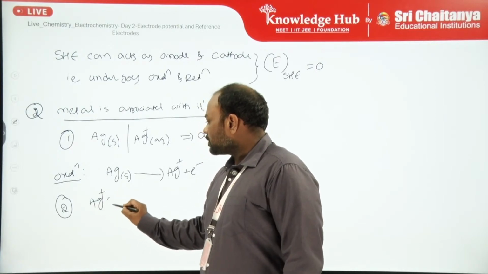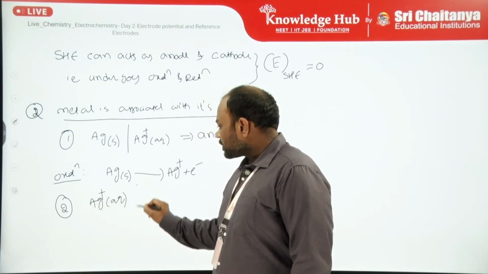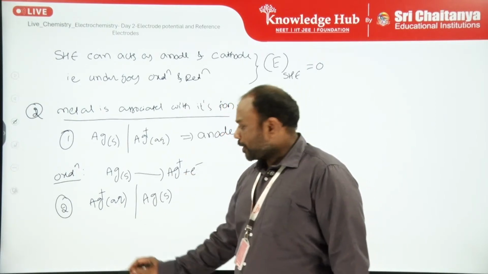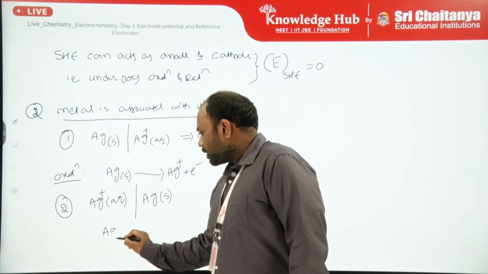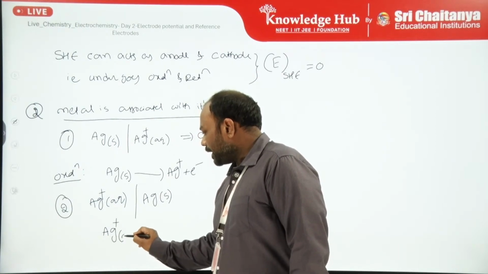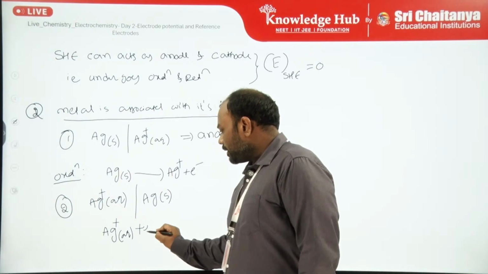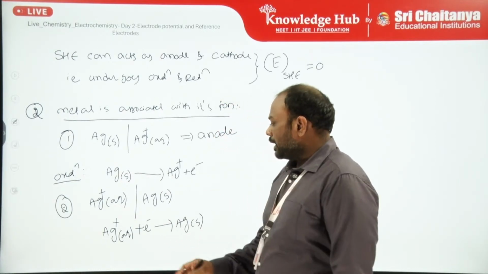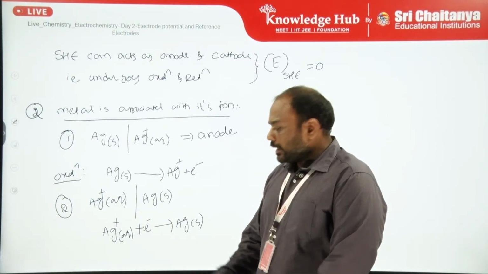Ag plus aqueous slash Ag solid. So what happened here? Ag plus ions present in the aqueous medium gain electrons, then are converted to silver in the form of solid. It gains the electron.